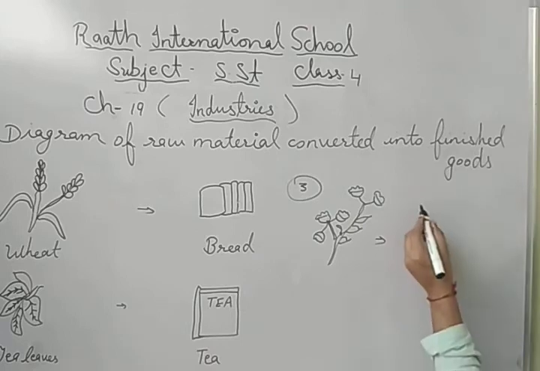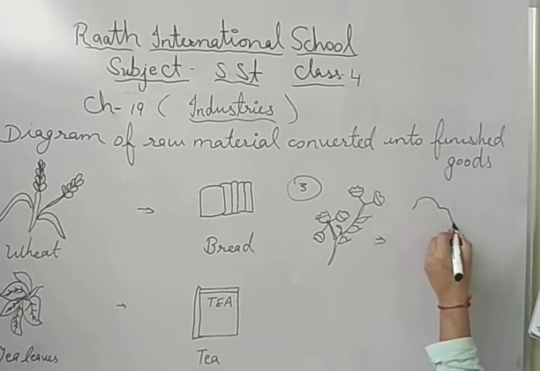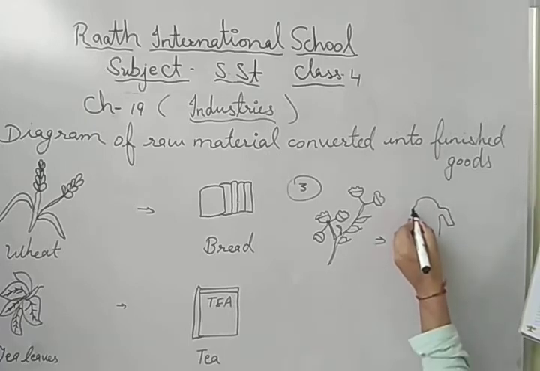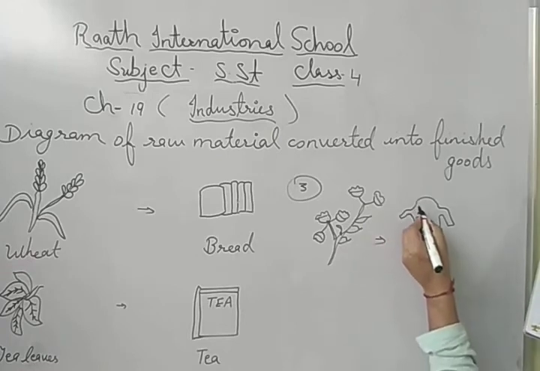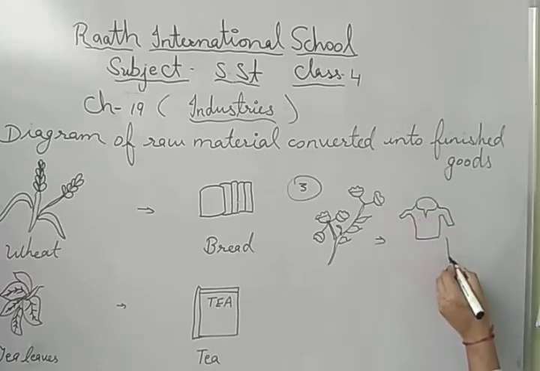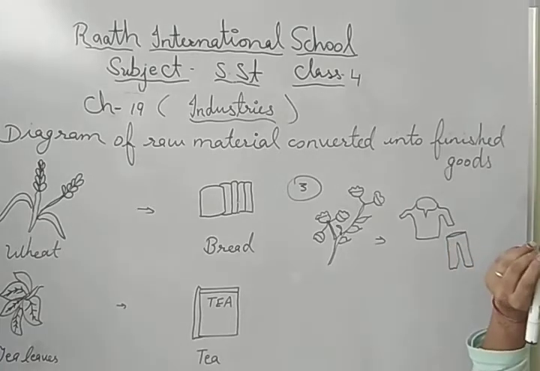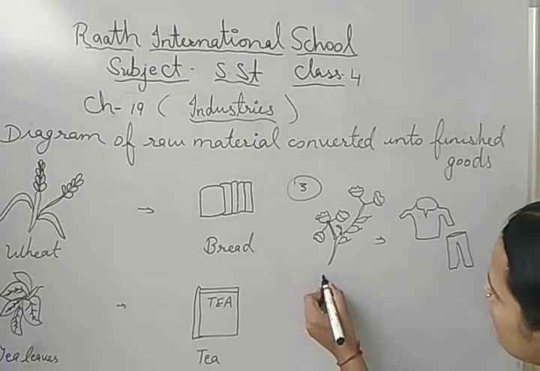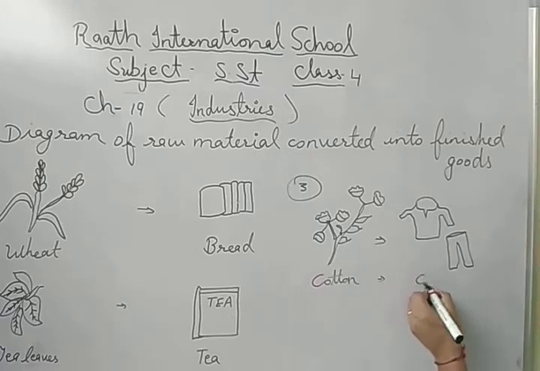So here are the cotton clothes. These are the clothes. So it is cotton that is used as a raw material, and these are clothes.